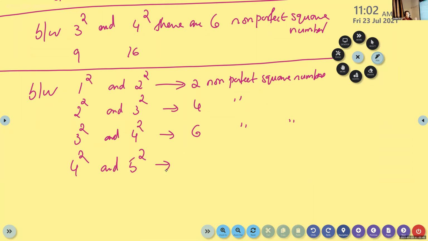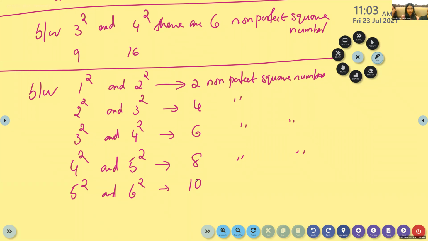Without counting, can you say? 8. Correct, 8 non-perfect square numbers. So between 5 square and 6 square, how many will be there? 10. How are you getting 10, 8, 6 and all?